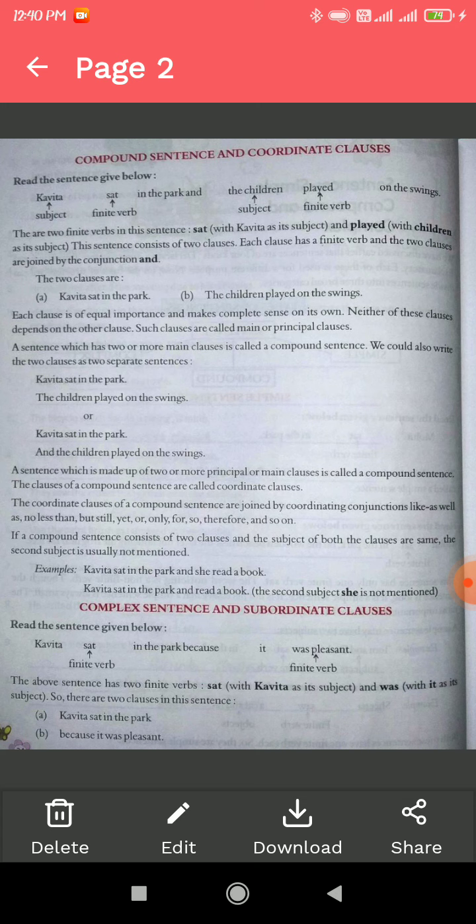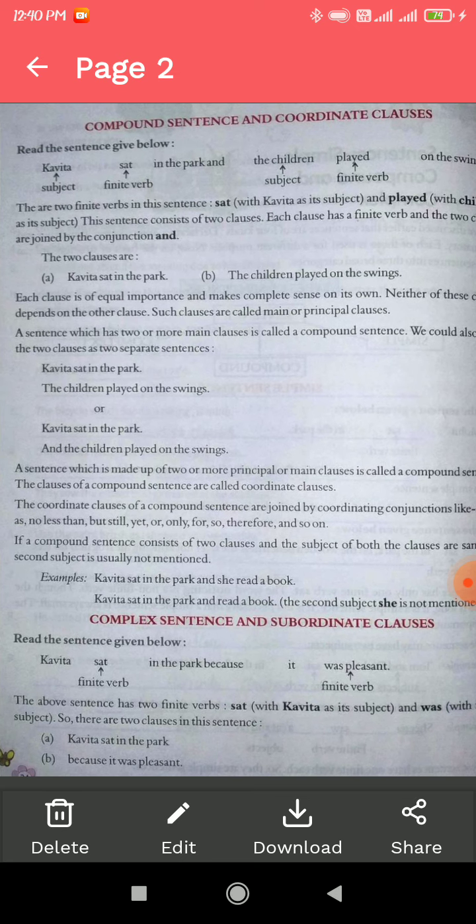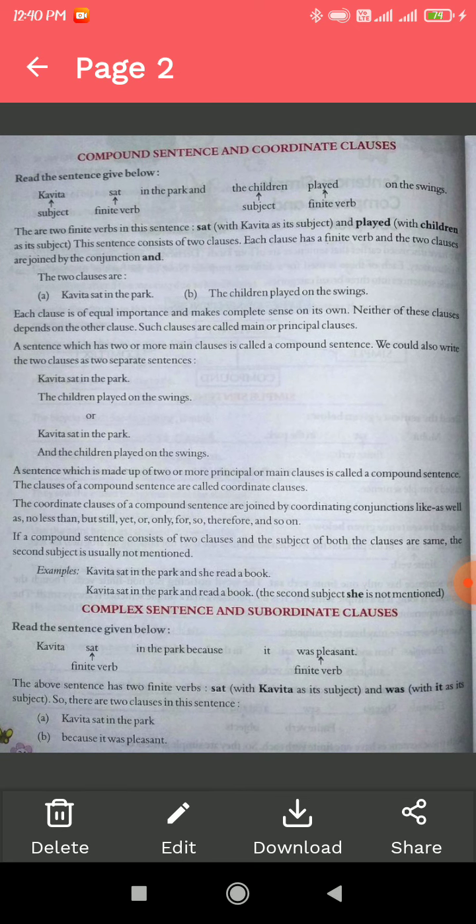A sentence which is made of two or more principal clauses is called a compound sentence. And also the clauses of the compound sentence are called coordinate clauses. Okay, coordinate clauses.